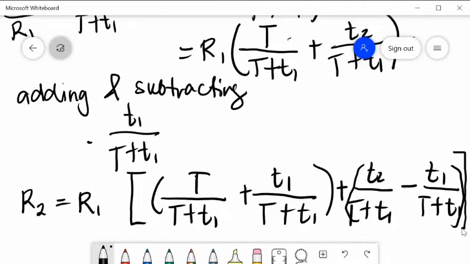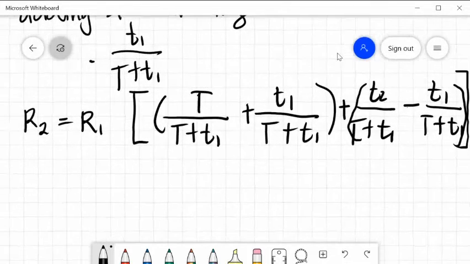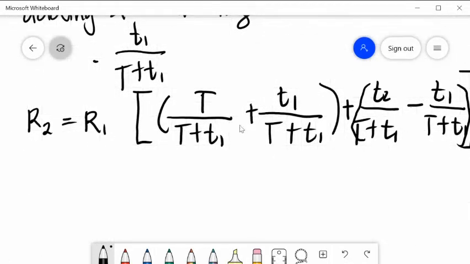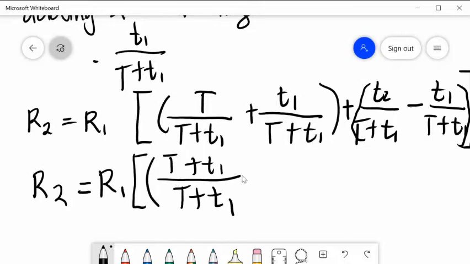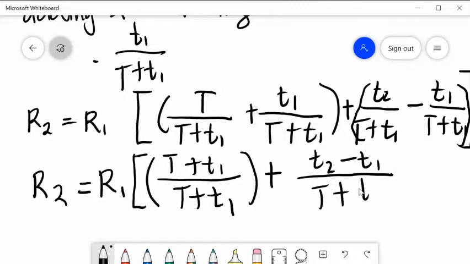Parenthesis. So R2 is equal to R1 times T plus T1 over T plus T1, plus T2 minus T1 divided by T plus T1.